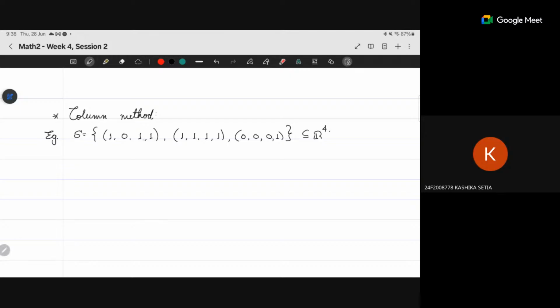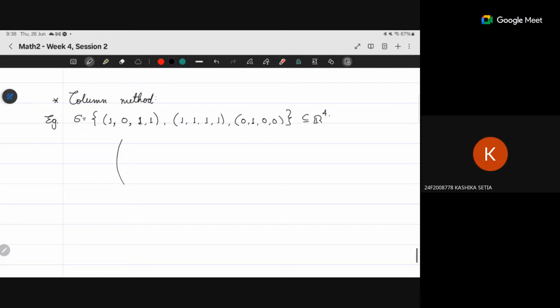Let's take something that is linearly dependent. This would still be R4. Clearly linearly dependent, and the dimension is 2 because the addition of V1 and V3 gives me V2. But let's work with this. Now, instead of putting the vectors as the rows of a matrix, we put them as the columns of a matrix.